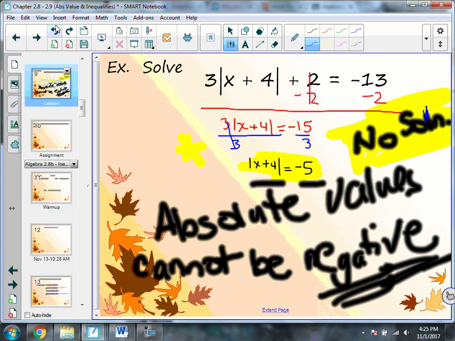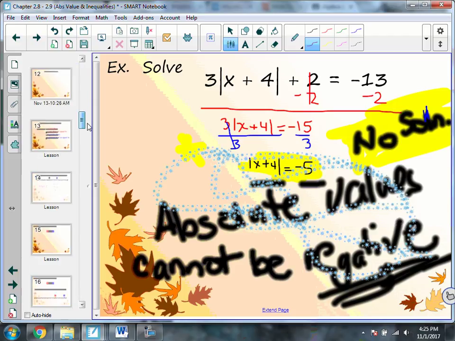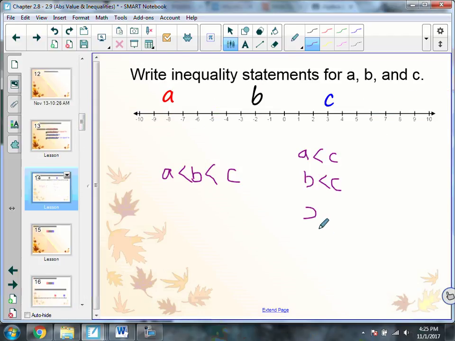C is greater than A. B is also greater than A. You can write just a ton of these, and it is a comment on the relationship between A, B, and C on the number line.